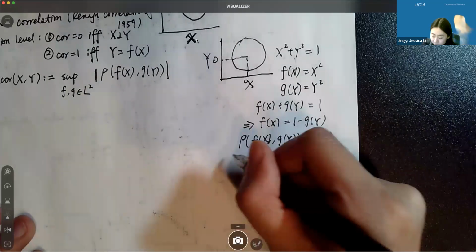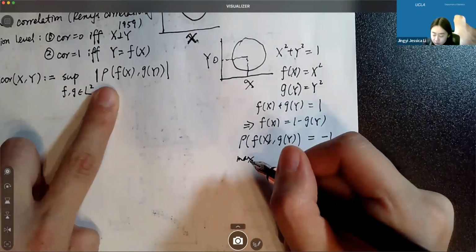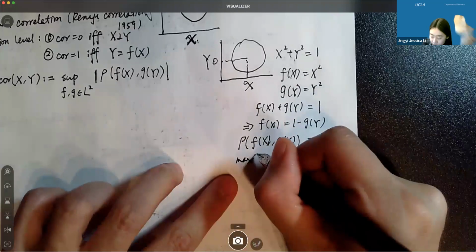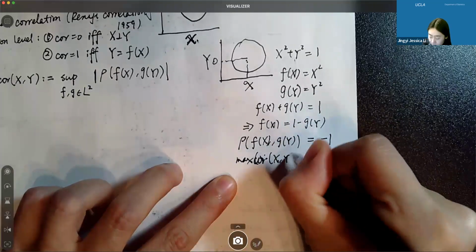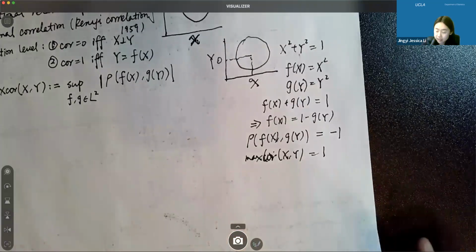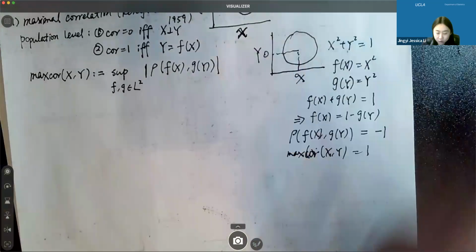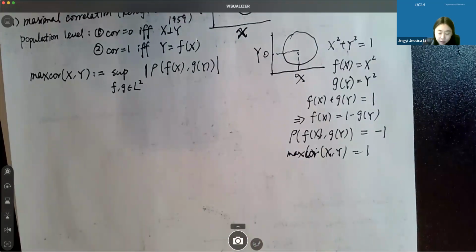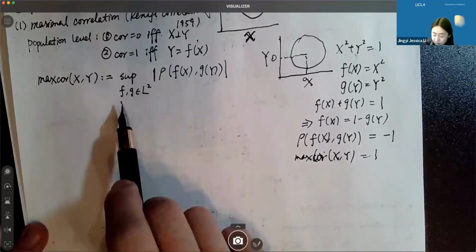So in this case, the maxcor, which is defined as the sup of the absolute value of Pearson correlation, maxcor of x and y, will become equal to 1. So you can see that in the circle case, the maximal correlation in theory should still give you a value of 1.